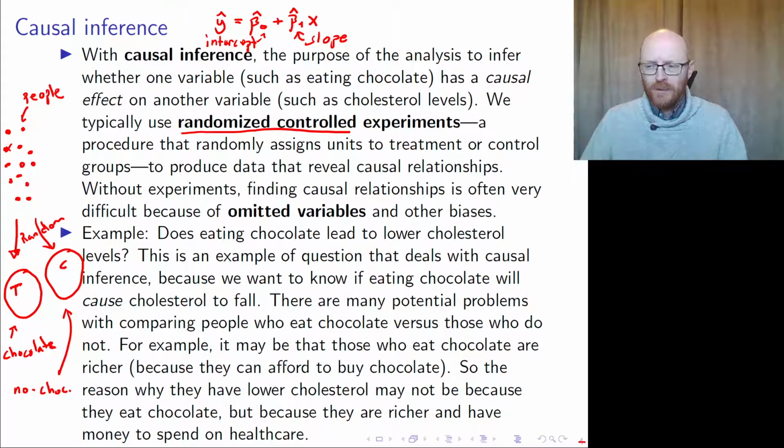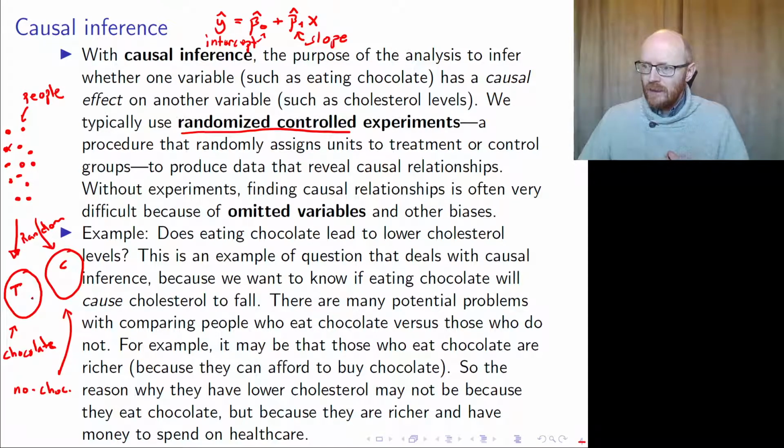Okay, what you don't want is, for example, maybe people who eat chocolate, they are also richer than other people who do not eat chocolate, maybe dark chocolate or something. And because they are richer, they can afford more healthy food or more education, which in turn improves their health, or maybe they can afford better health care and better medicine.